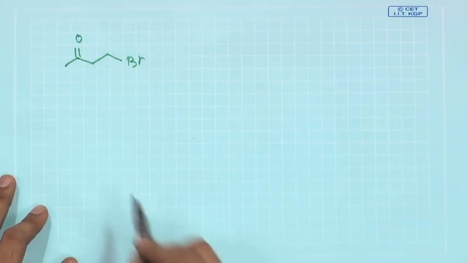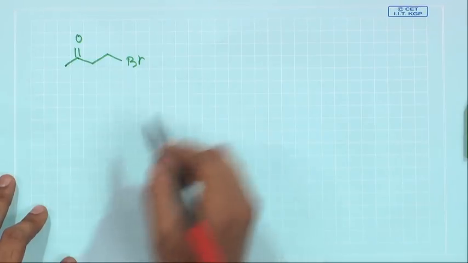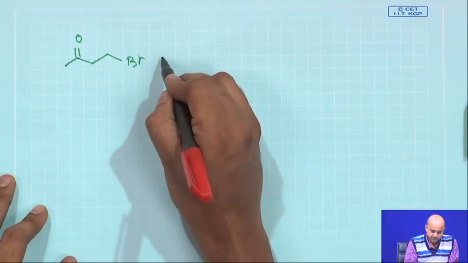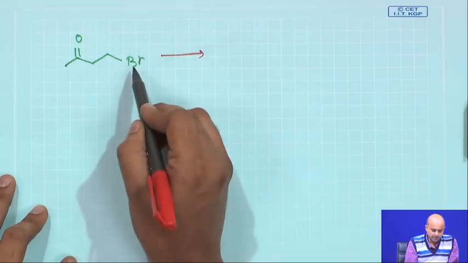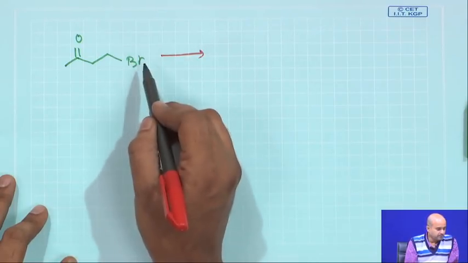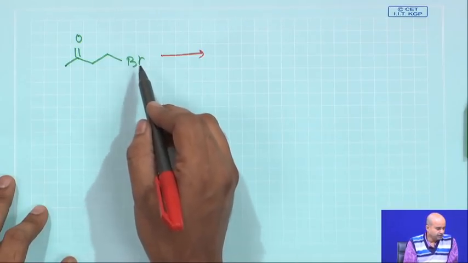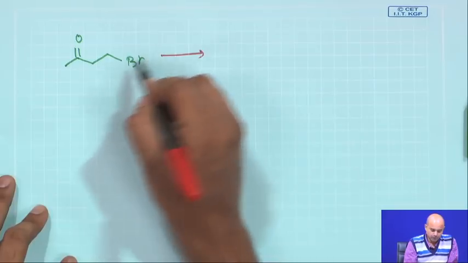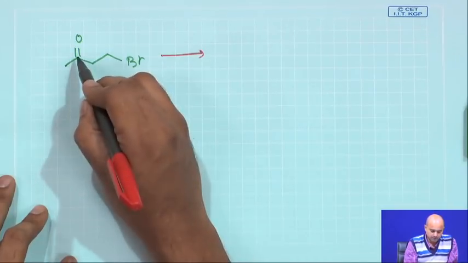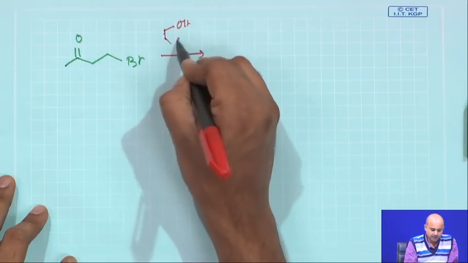This starting material was easily available, and as I said, you are trying to have some reaction on this side. So, you first protect this ketone group with ethylene glycol.